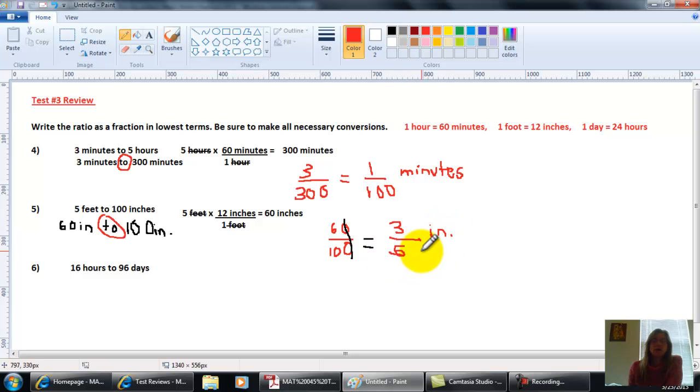That's number 5. Okay, so down here for 16 hours to 96 days, we're going to use the 1 day and 24 hours. So we have the larger piece, 96 days, has to become hours.